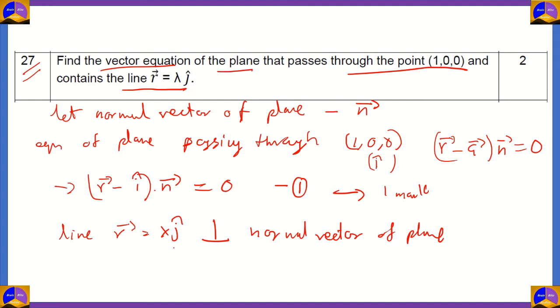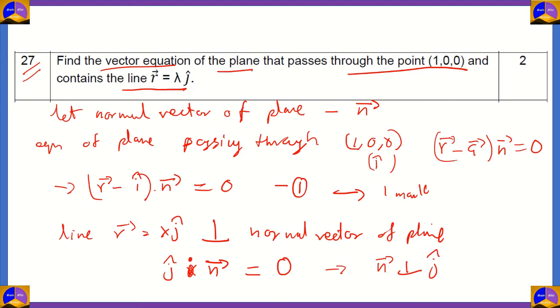Therefore, you can say that j cap dot n bar will be equal to 0. That is the dot product of j cap and n bar is equal to 0. This means that n bar is perpendicular to j cap.